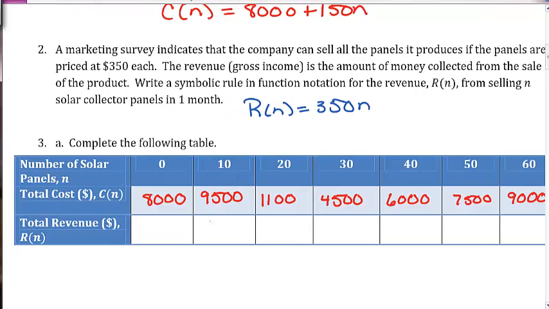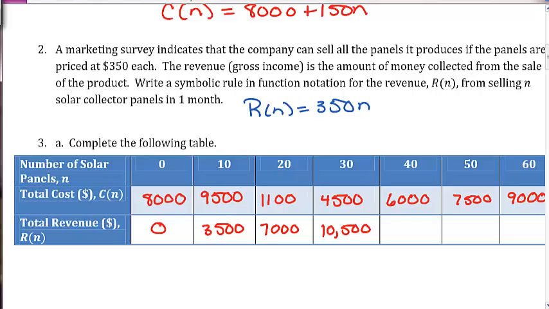Now we're going to fill in the revenue table. If I don't sell any, I'm not going to make anything, so that will be 0. If I make 10, it will be 3,500. If I make 20, it would be 7,000. If I make 30, 30 times 350 will give me 10,500.